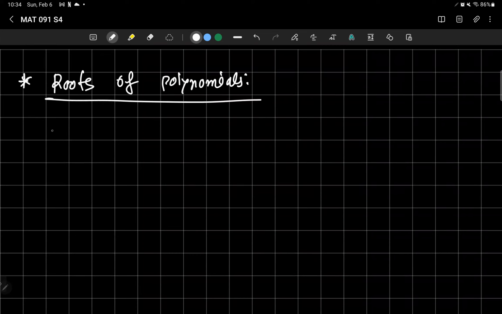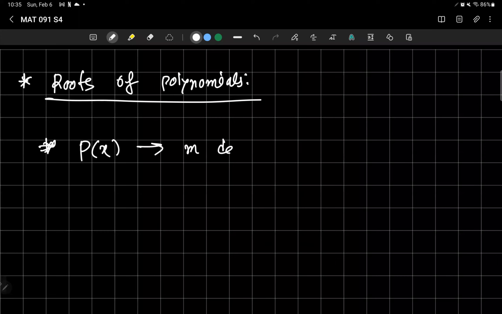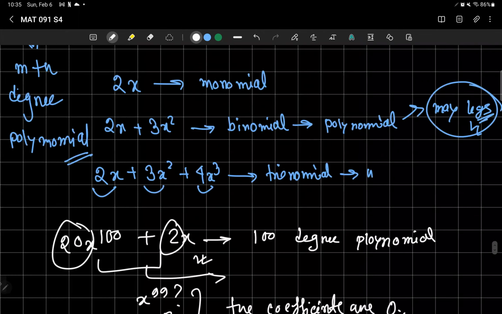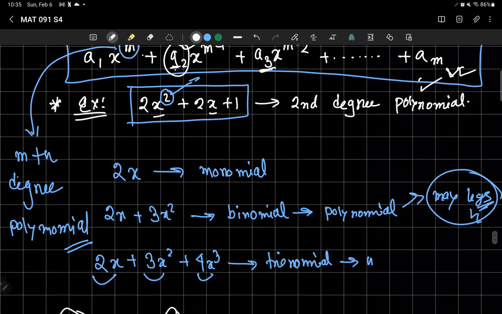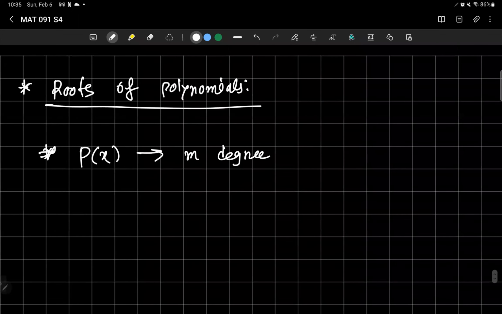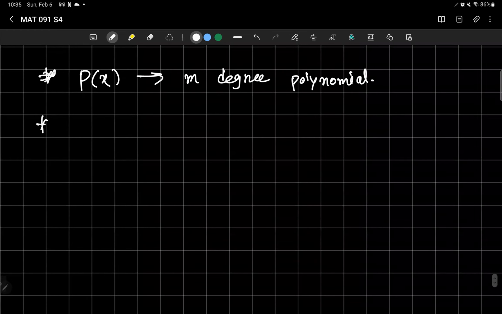Let's say we have an m degree polynomial p of x. It's not important to have its representation right now because you already know what a polynomial looks like from this definition. What are the roots?